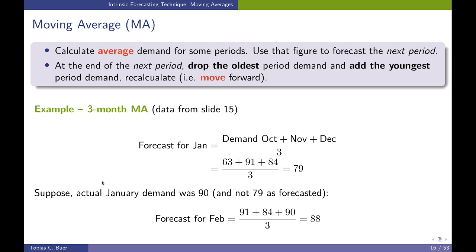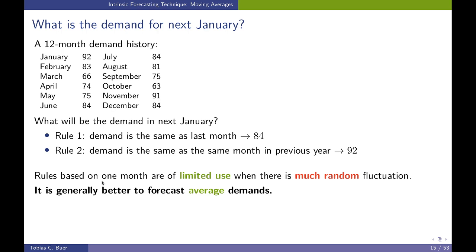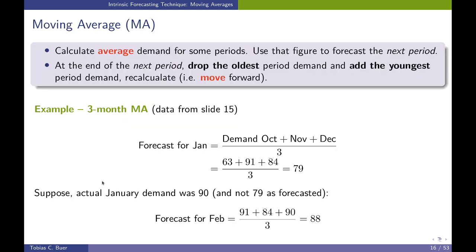To get the average, we divide by 3, because we consider 3 months. Let's go back to the previous slide. You see the demand for October 63, then 91, then 84. We add this up, divide by 3, and according to this 3 months moving average, the forecast for January will be 79.